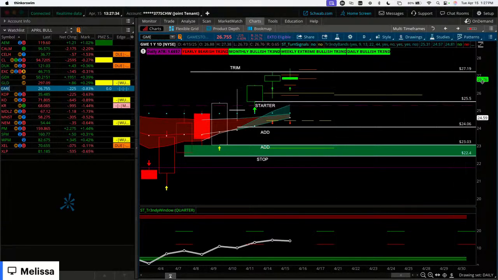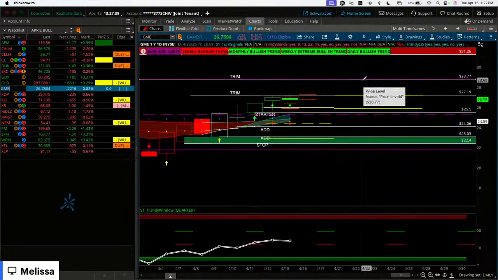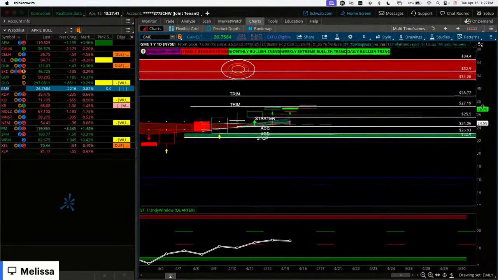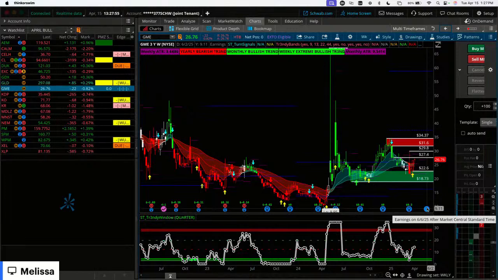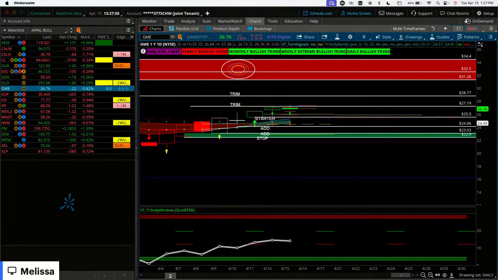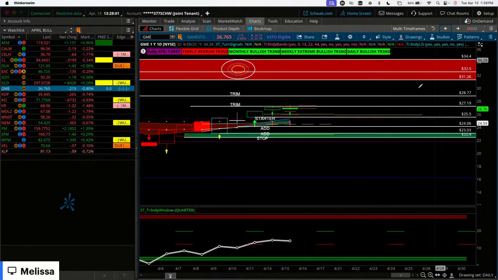As far as targets go, another trim at 28.77. The supply is up here at 31.26 by 34.40. GameStop does report earnings, as most things have earnings coming up, but GameStop's is not until the first week of June. So you do have time for that trade to develop before earnings.